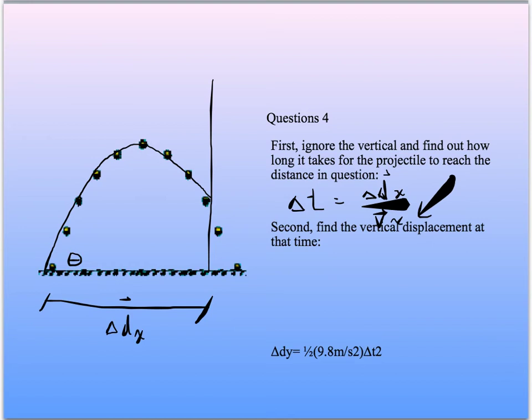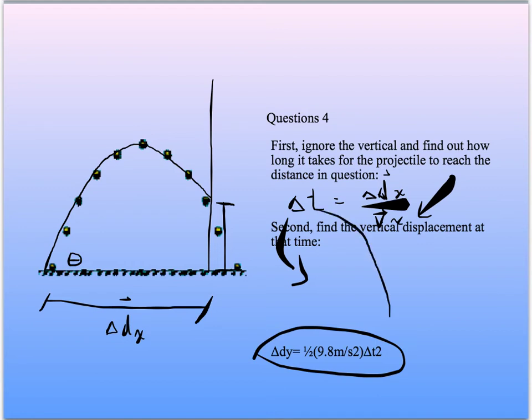Once we have the t, we can plug that t in, and using this equation, delta dy equals v1y delta t plus a half a delta t squared, we can find how high vertically the ball is at the time we just found.